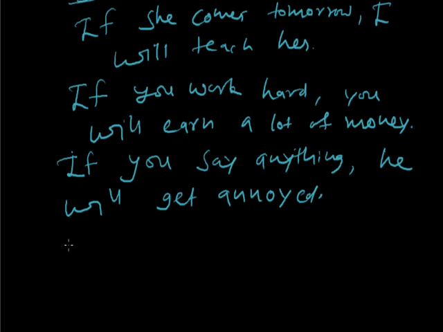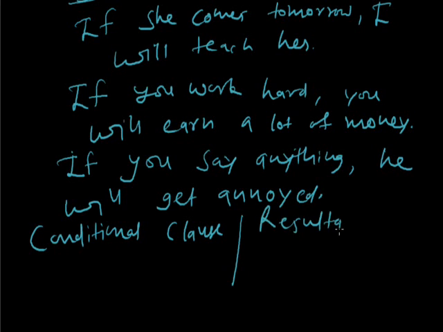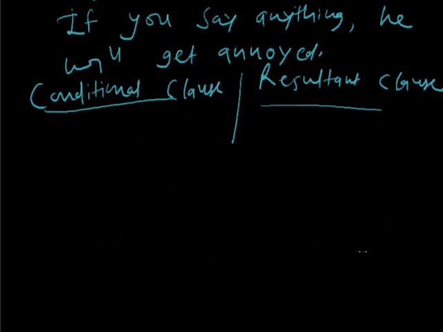So we see that in this kind of sentence there are two clauses. The first one is the conditional clause, and the second one is the resultant clause. As the name suggests, the conditional clause will contain the condition, and the resultant clause will contain the result of that condition.